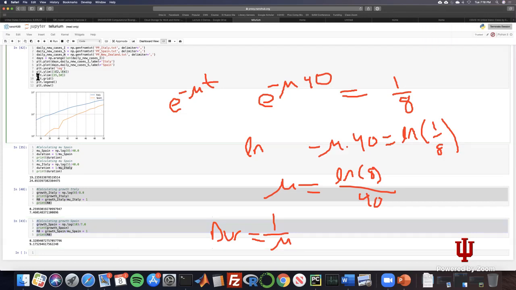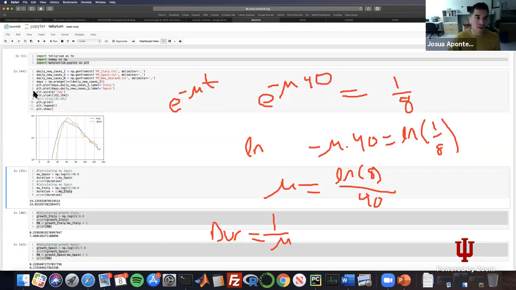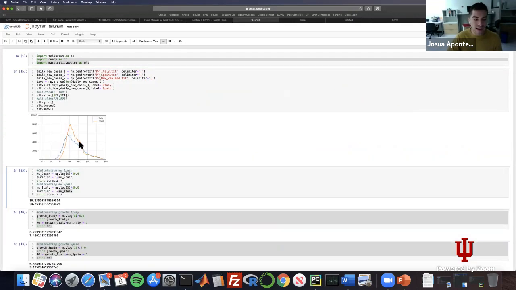Okay, so let's go back to the whole curve here. Let's even go back just a little bit more. So these are the daily new cases for Italy and Spain.